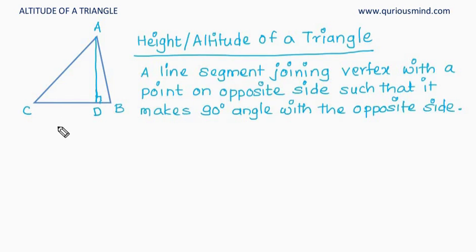Now the question is, do we have only one height? What happens if instead of BC the triangle rests on AB? Then C will be at the top, which means we have to draw the altitude from C.